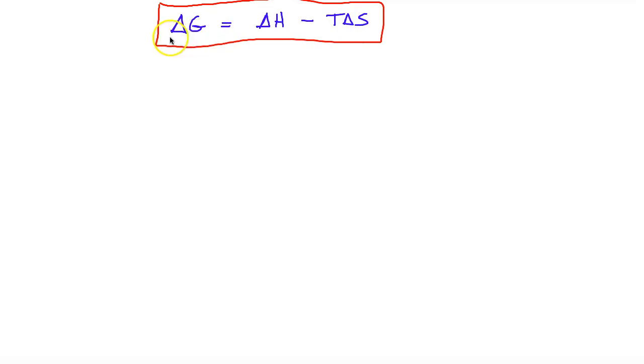So let's start with delta H, okay? You may want to take some notes here, but it's important you know this, and you probably know this one. Delta H, if the value is negative, that's an exothermic reaction, okay? And exothermic, of course, means that my Q is negative, all right?